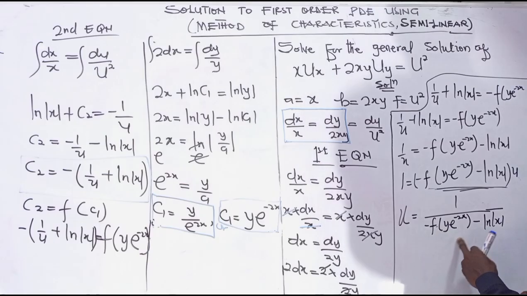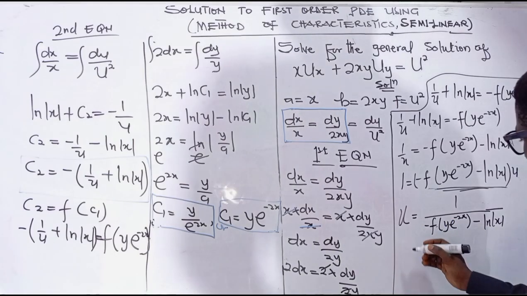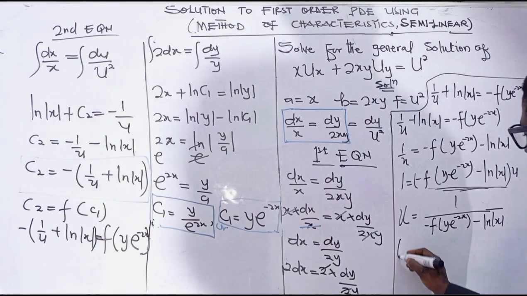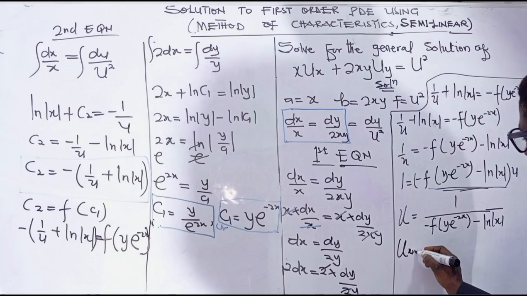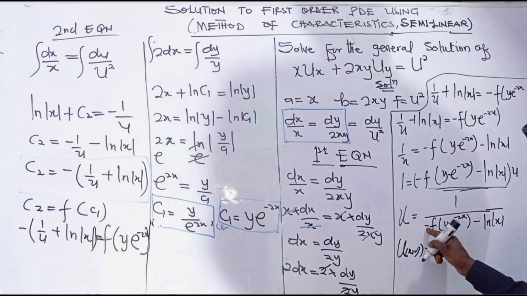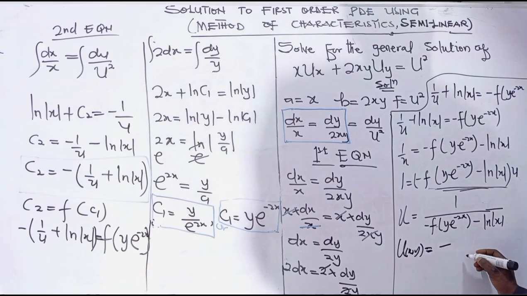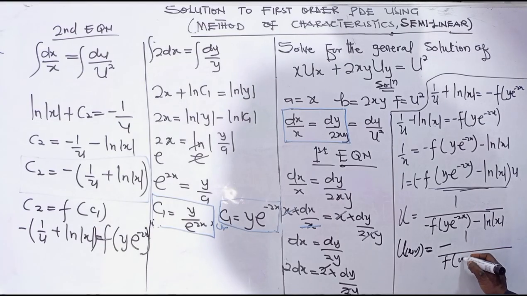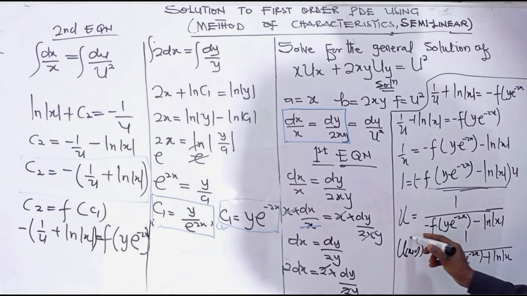Now we can even factorize the negative out. So we can say that our general solution is going to be u of x, y is equal to negative 1 all over a function of y exponent negative 2x plus ln x. Very, very easy and simple.